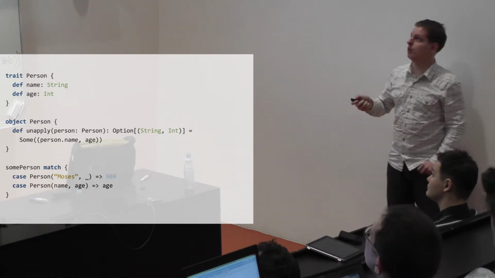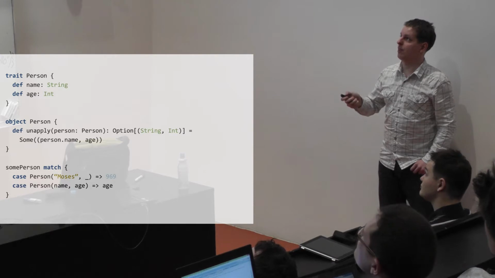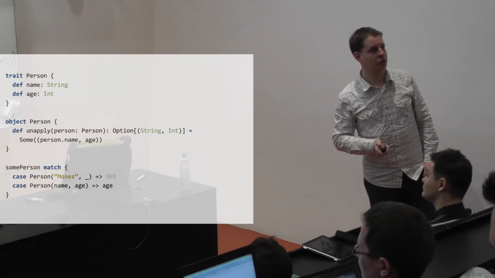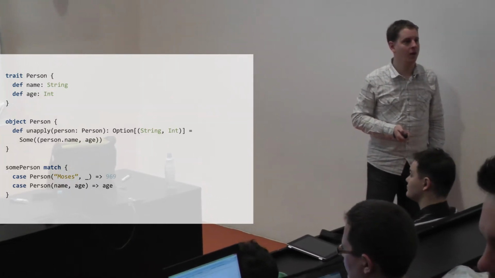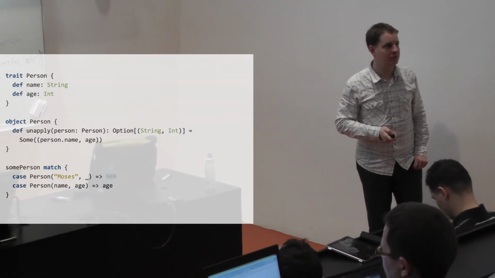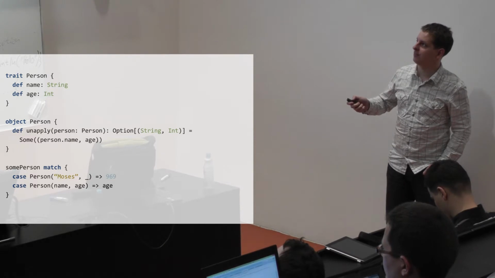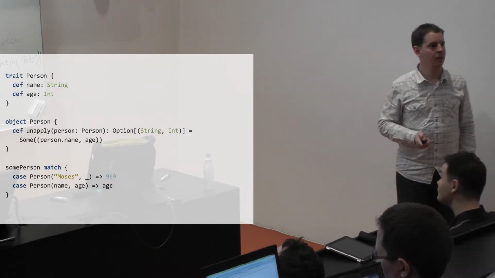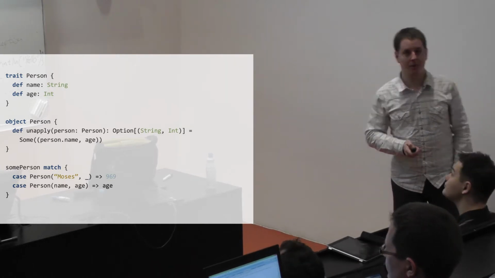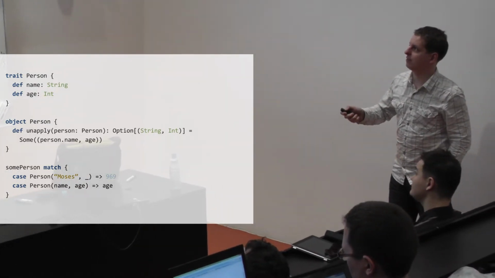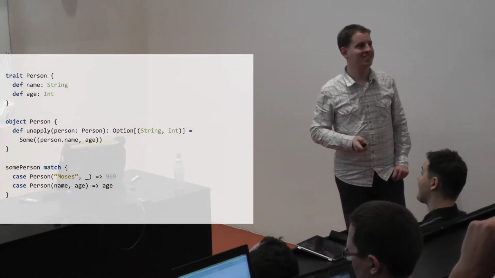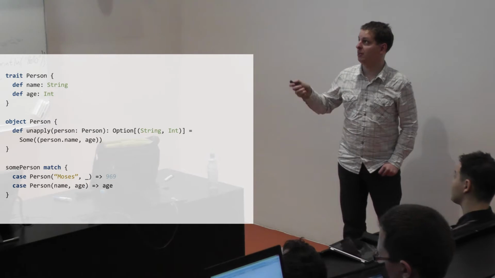And in this case, we might write this kind of pattern. So it is a constructor pattern. The way a constructor pattern really works is that it finds an object with this name and looks for an unapply method which takes this and returns a tuple. If it returns None, it does not match.